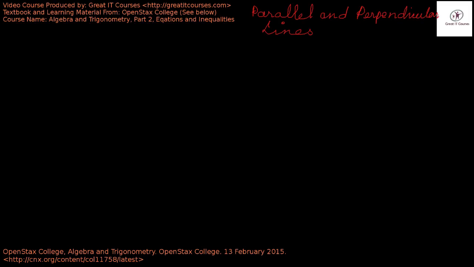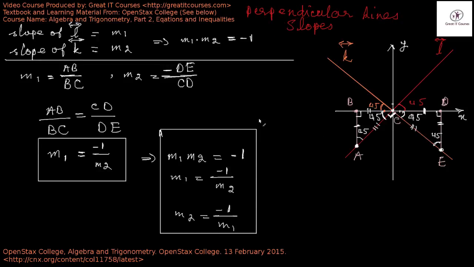So in this video we want to take a look at the slope of parallel and perpendicular lines. As you remember, in the previous video we talked about perpendicular lines, and we took two perpendicular lines and proved that the slope of each of these lines is equal to the negative reciprocal of the slope of the other one.